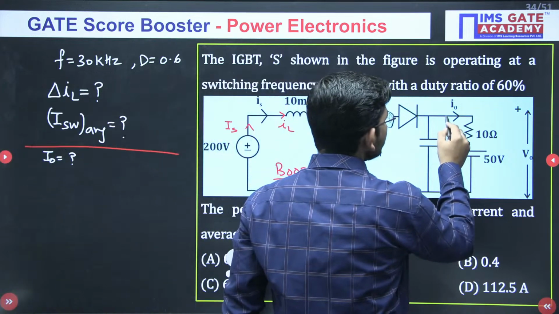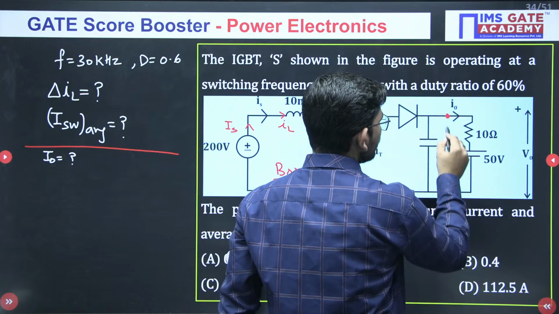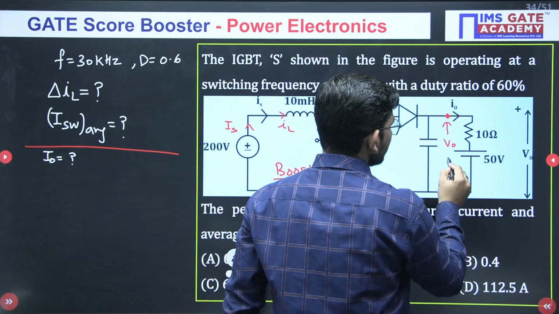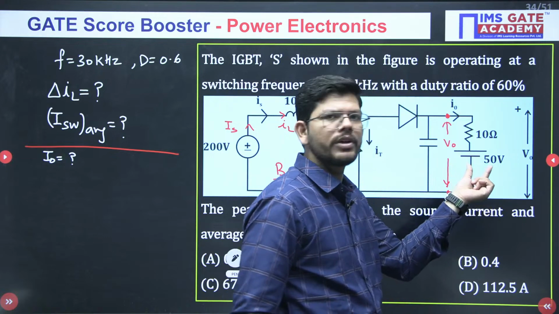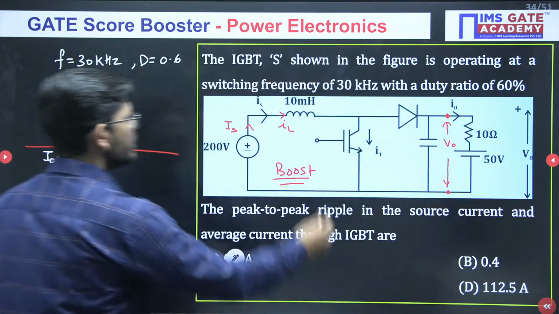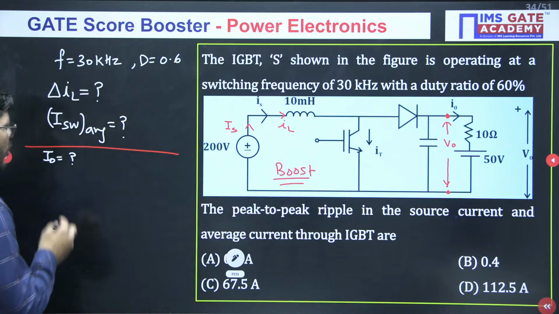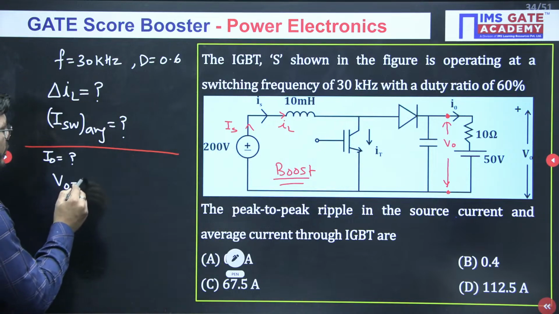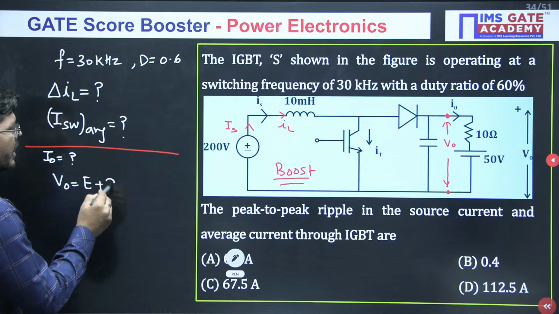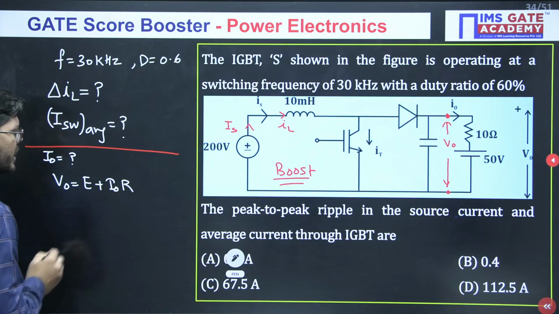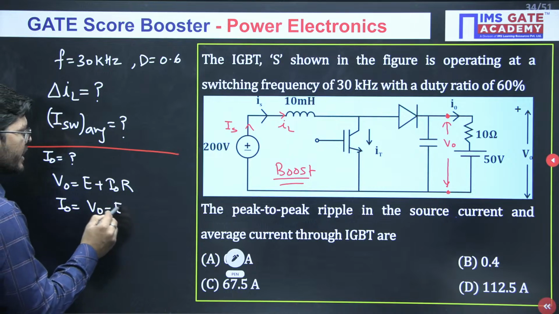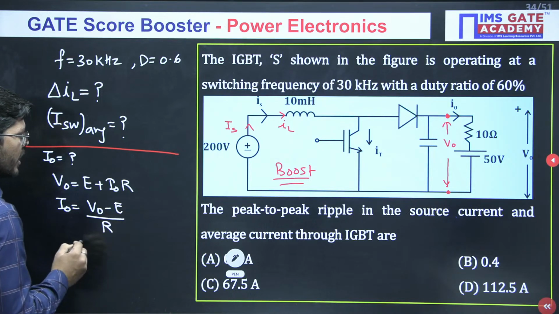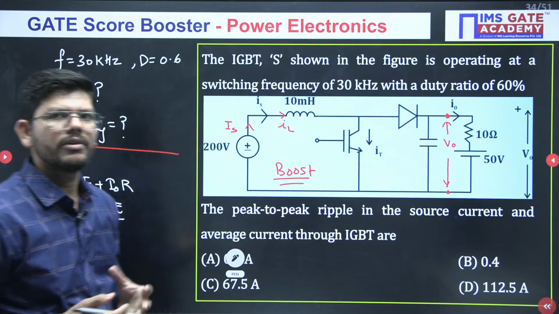Okay, how to find I naught. Just see, what will the output voltage be here? This is a load. For example, this is a DC motor. So what will be the output voltage? The output voltage will be E plus I naught R, isn't it? From here, what will be your I naught? It will be V naught minus E upon R. And what will be the value of V naught?